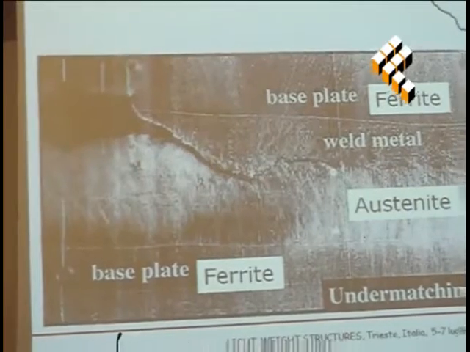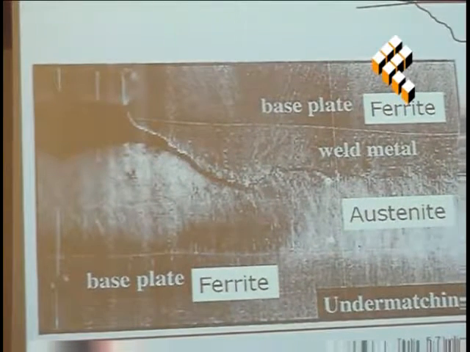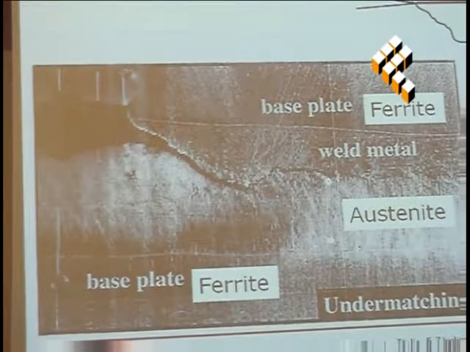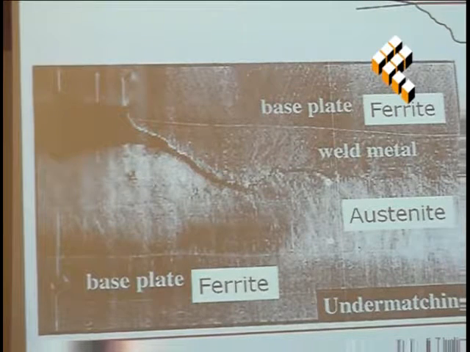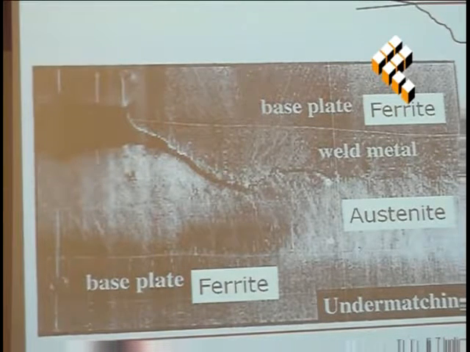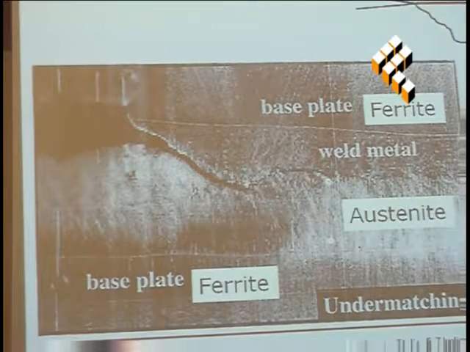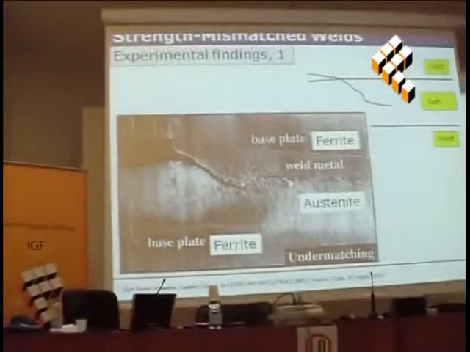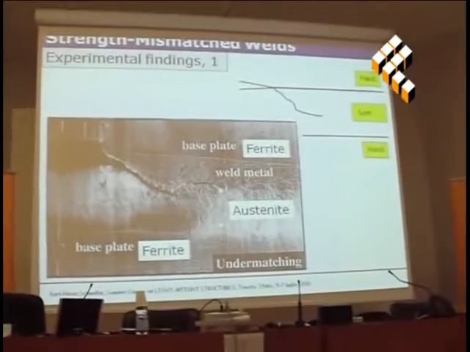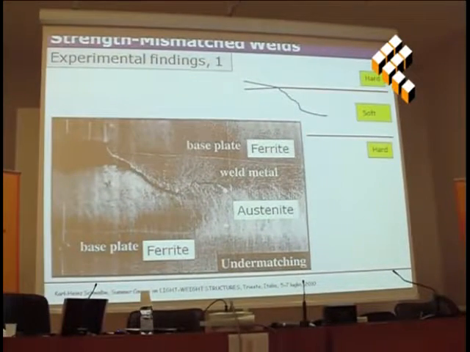The heat affected zone is on the ferritic side, and the heat affected zone is usually something that is brittle. And the idea was, the crack can certainly run along the brittle zone, of course. It searches for the crack path of lowest energy.